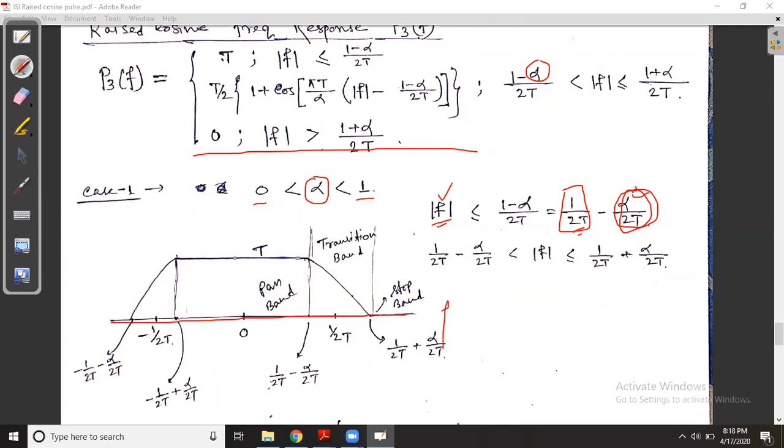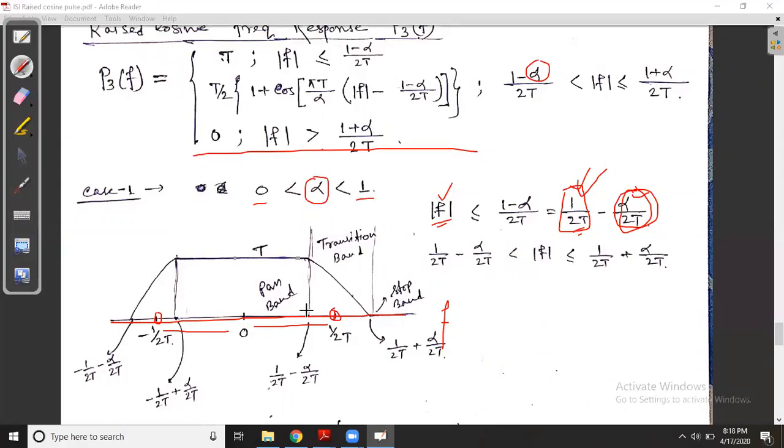This is your frequency line. I am considering that 1 by 2T is the case here. Due to this, some 1 by 2T point is here, and on the negative side also some 1 by 2T is there. If the frequency value is less than 1 by 2T, it is somewhere in this range, and on the negative side also somewhere in this range.